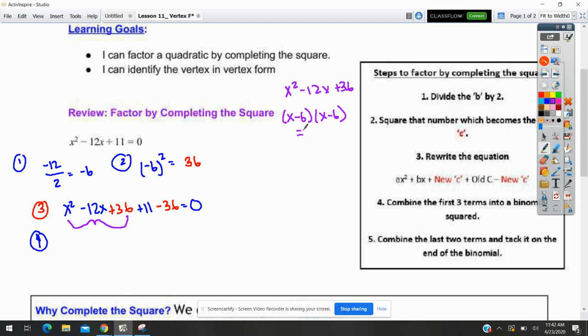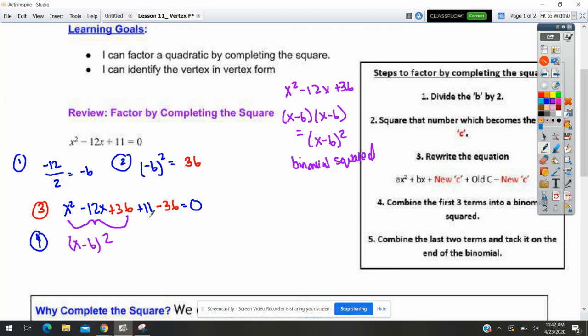So this is also written as x minus 6 squared, which is what the binomial squared means, because it's 2 terms, and it's raised to the second power.